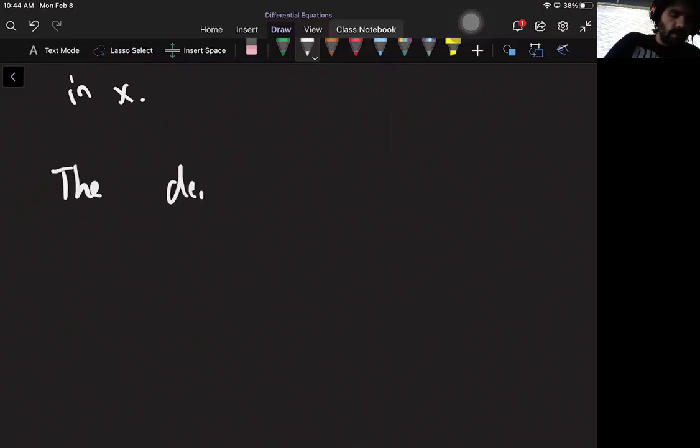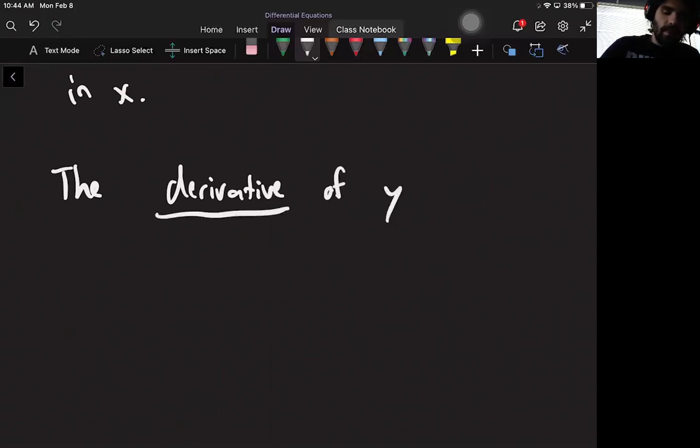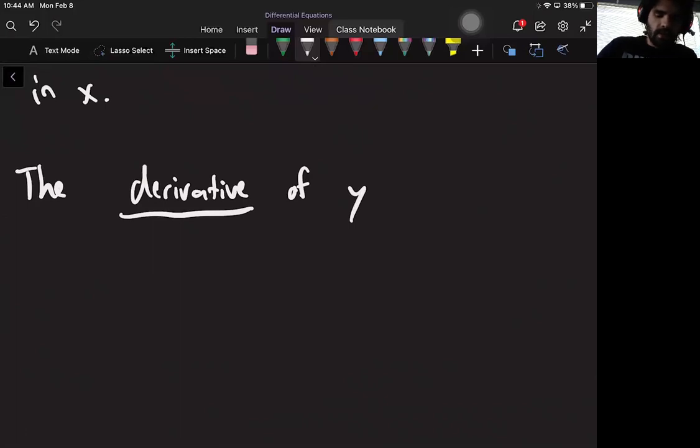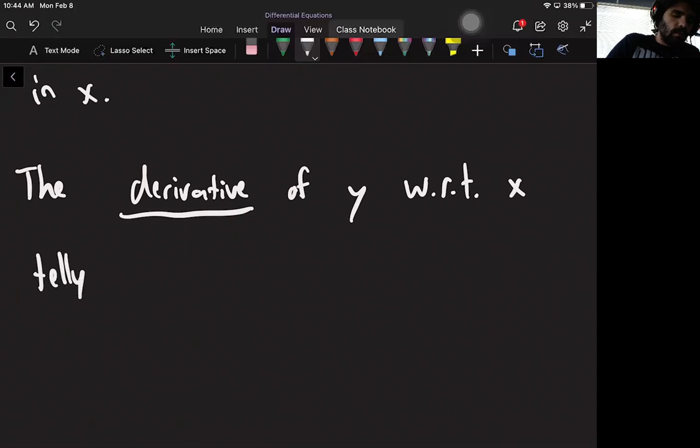So the derivative of y, and then you might say, because x is the independent variable, people often say with respect to x, the derivative of y, so how much y is changing with respect to how much x is changing, tells you this.